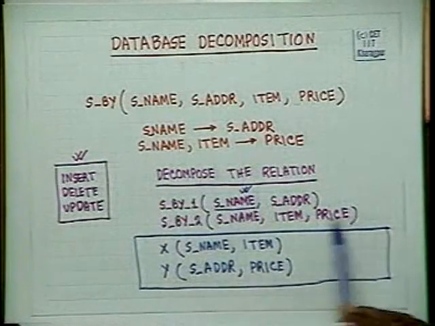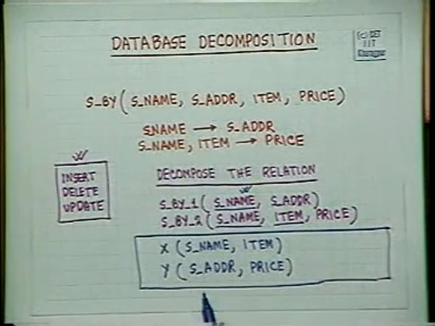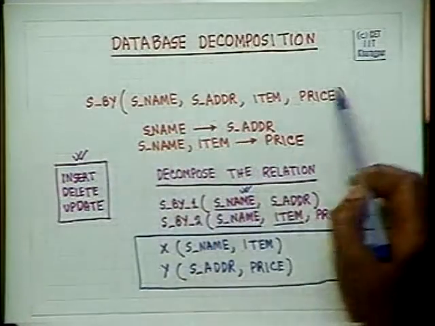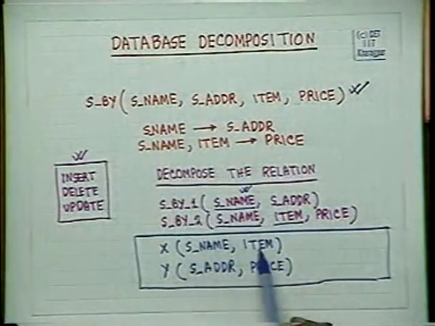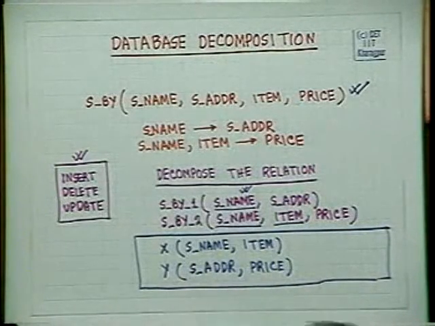In this particular decomposed relationship, SNAME and item are the keys. And if we do a natural join of these 2, we are going to get back this relationship. But here, in these 2, none of them are keys, and there is no common attribute at all.